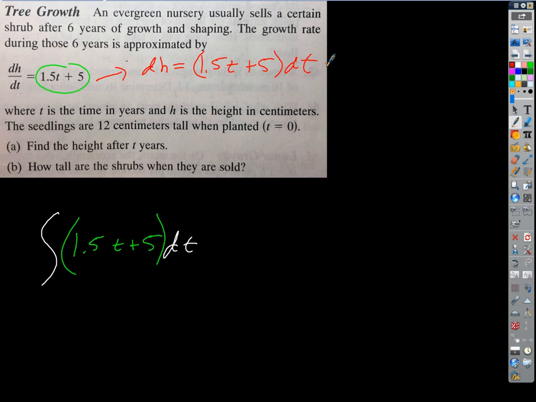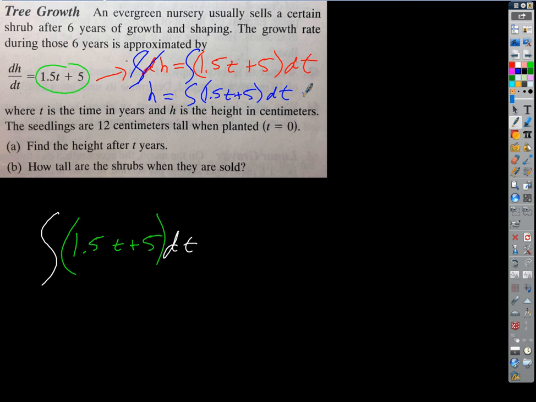And then remember, we're just going to undo the derivative by integrating both sides, anti-differentiating. And we know that the antiderivative of a derivative cancels, and so we get h equals all this stuff. Right?